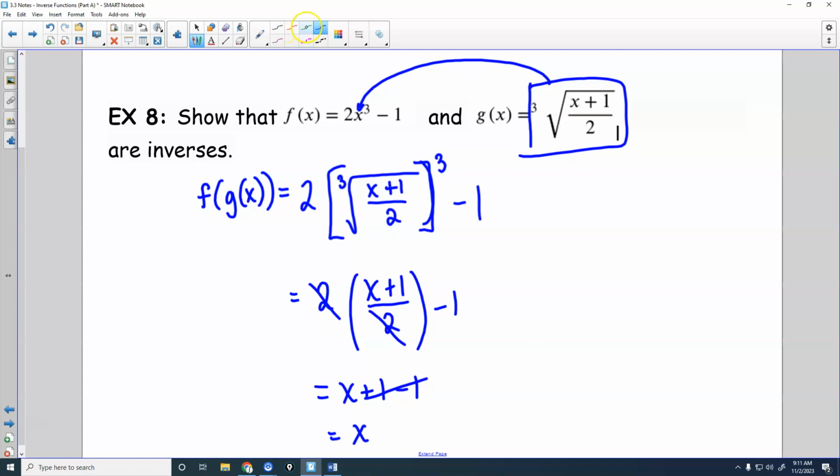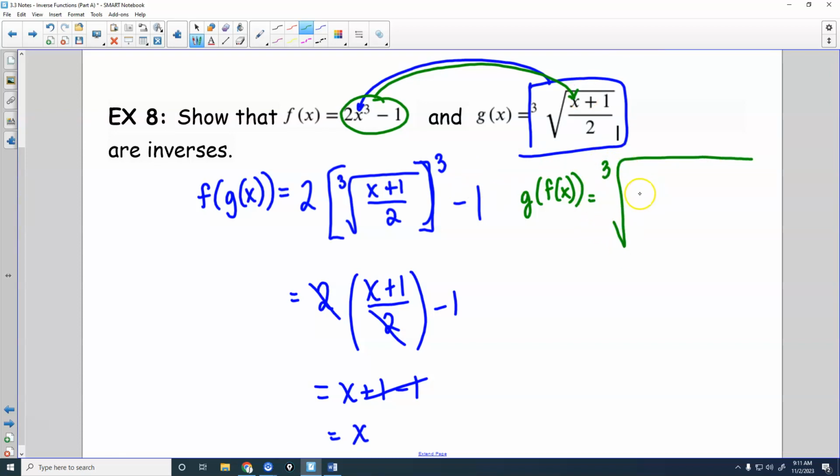So if we're going to do this other direction, we've got to do g of f of x. So this time we're plugging f into g. So we would have the cube root of 2x to the third minus 1, plus 1, over 2.